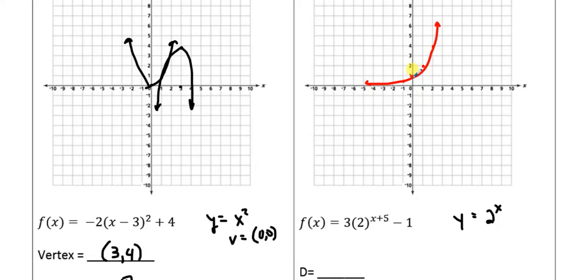So in some ways this point here is 0, 1. We can think of that as going 1, 2, 3, 4, 5, or we can just think of our x and y axes going over 5. So here's our new vertex point, if you will, and then down 1.